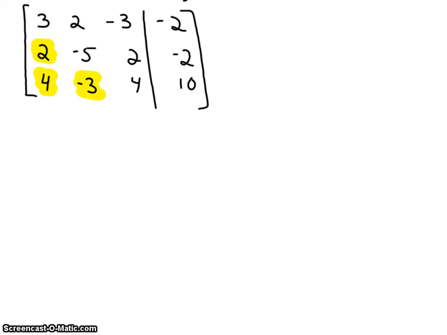Okay, now I'm going to keep writing this matrix over and over again. Alright, so I need to make that 2 a 0. So I'm going to use rows 1 and 2. So my work is going to be done over here. Row 1 is 3, 2, negative 3, negative 2. Row 2 is 2, negative 5, 2, negative 2. Alright, it is not possible. Well, let me backtrack.